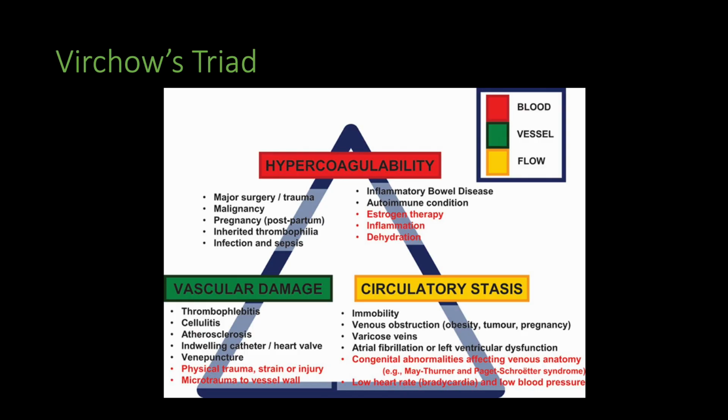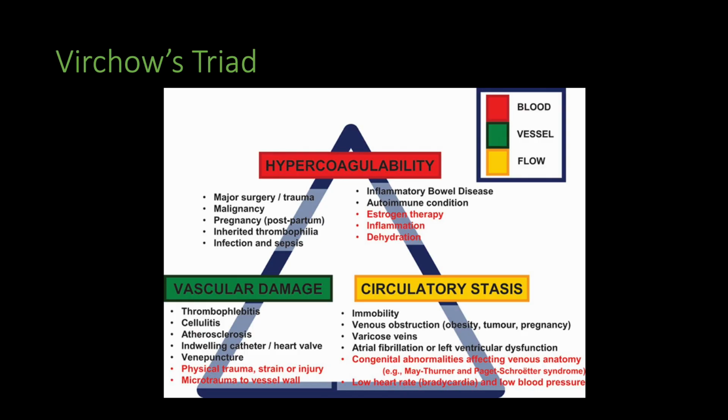These are usually things like if a patient is undergoing a surgical procedure, major surgery, trauma, a patient is pregnant, has infection and sepsis, dehydration, inflammation. Then circulatory stasis, like someone who is immobile, not moving, and staying in one place. Someone sitting on a flight for a long duration is very immobile. They could experience those kinds of symptoms of DVT as well.